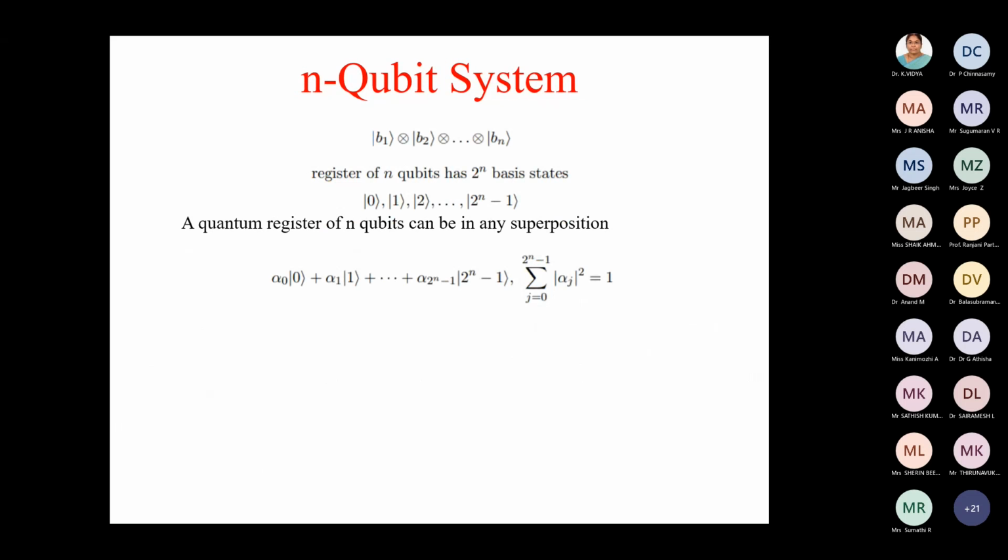Perfect. So if there is an n qubit system, what will happen? We will have basis states like this.